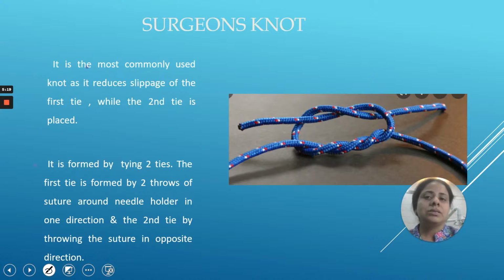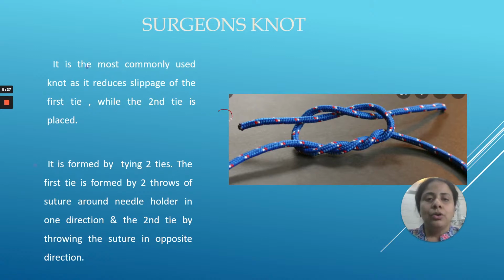Now what is the surgeon's knot? It is the most commonly used knot when doing suturing. What is that? Two clockwise throws and then tie, then one anti-clockwise. Let me explain.